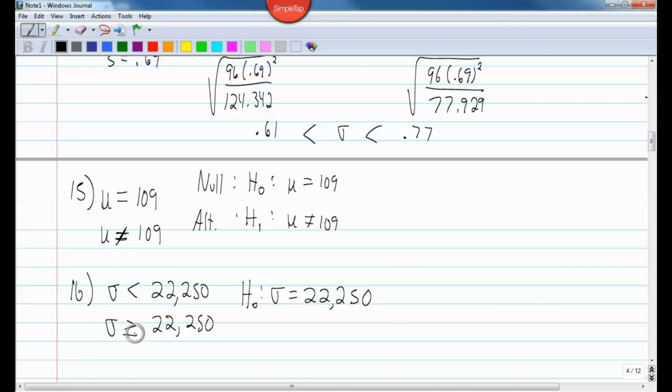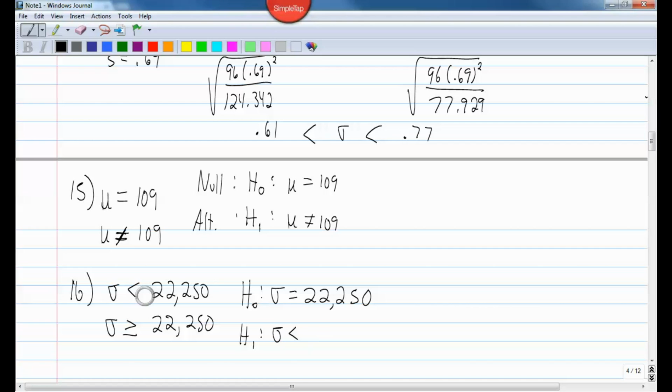You write the opposite of it. Put an equal to bar under your inequality if you have one. Then the one with equality, which is this one, you make that your null hypothesis by using the equals. Not the greater than, the equals. Now the other one, the one you didn't just use, that's the alternate hypothesis.